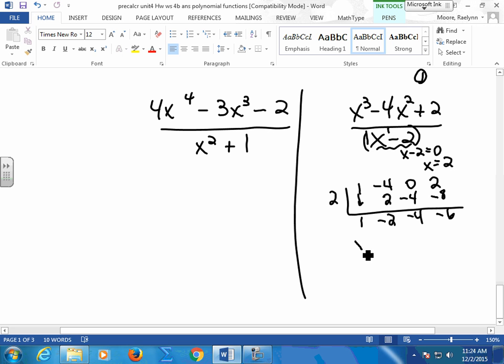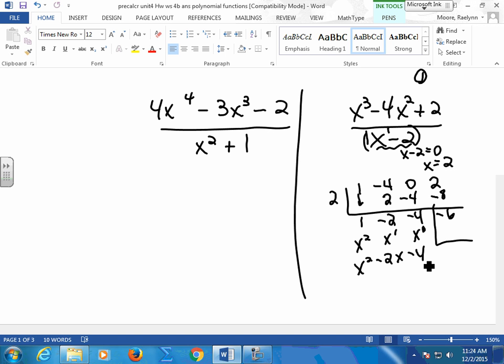So this is x2, x1, x0. This is my remainder. So I've got an x squared minus 2x minus 4. This was not a 0. This is just a regular divide. Minus 6 over my denominator. That's my answer.